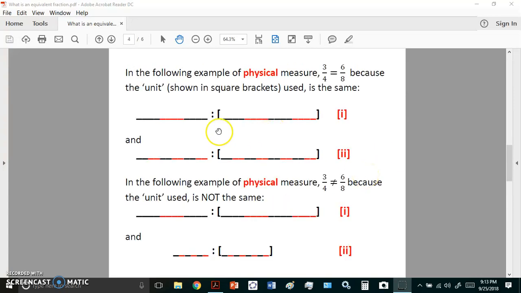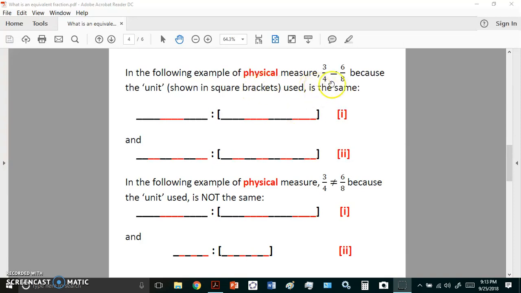Okay, now here comes the snag. In the following examples of physical measure, now this is very important, we're using this as the unit of physical measure. So this is a particular measure that we apply when we try to see how long a particular distance is.